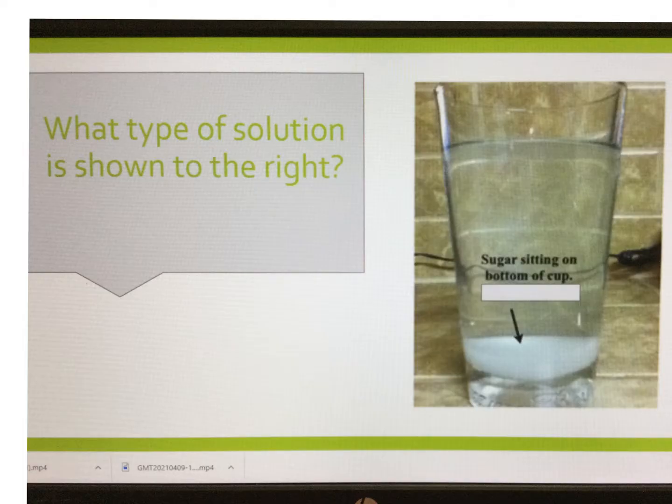Okay, so looking at this glass of water, something's dissolved in there, but now you've got a lot of sugar sitting at the bottom. So what type of solution is this? Is it unsaturated, saturated, or supersaturated? Little hint, look at the bottom part of that glass.